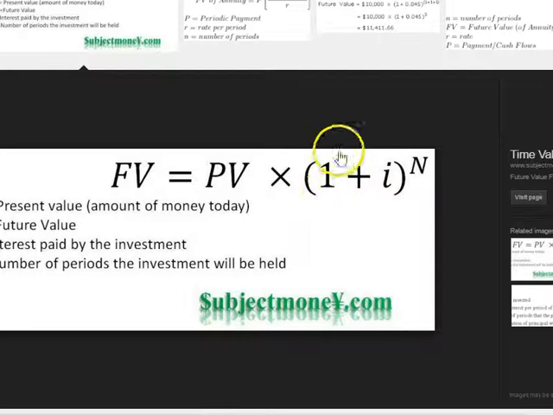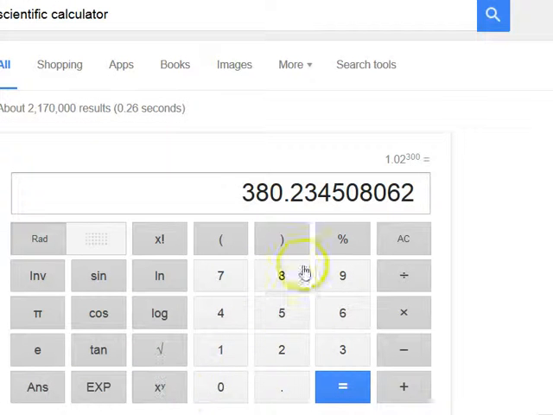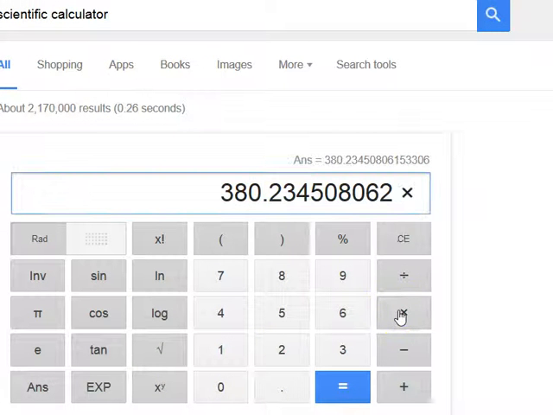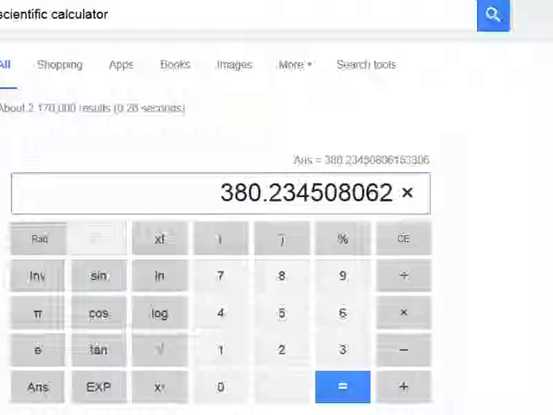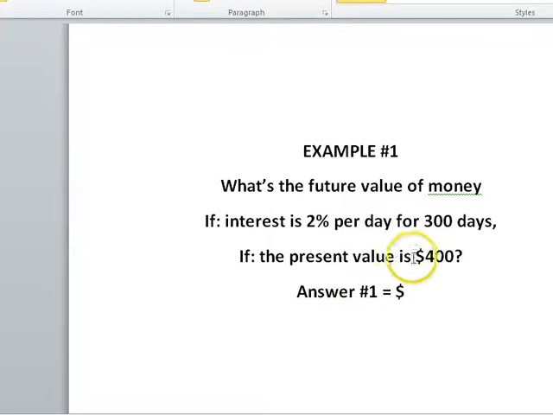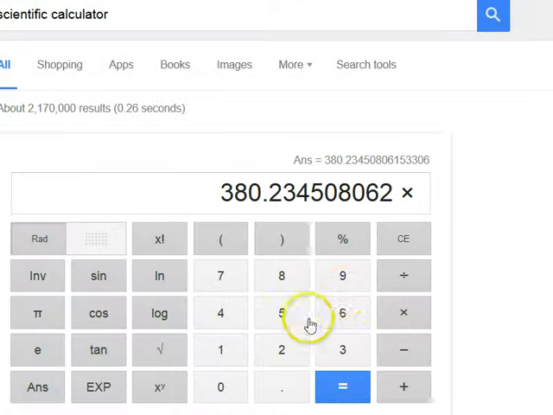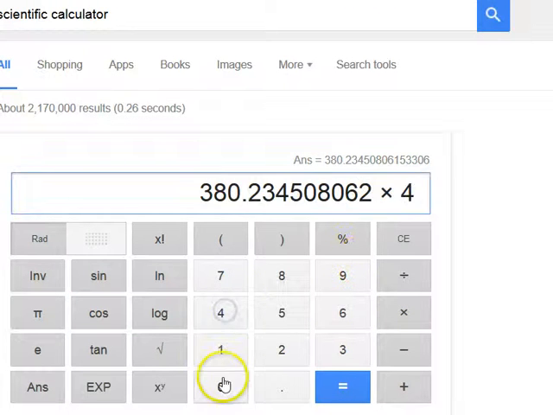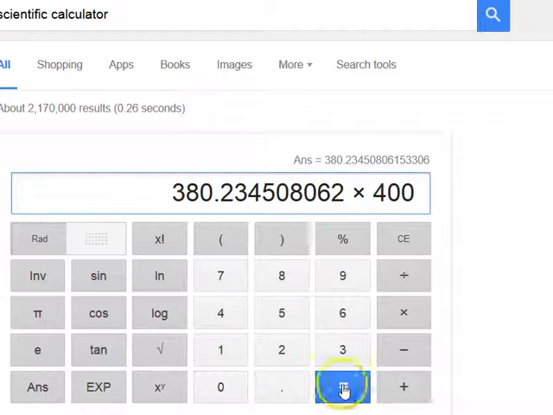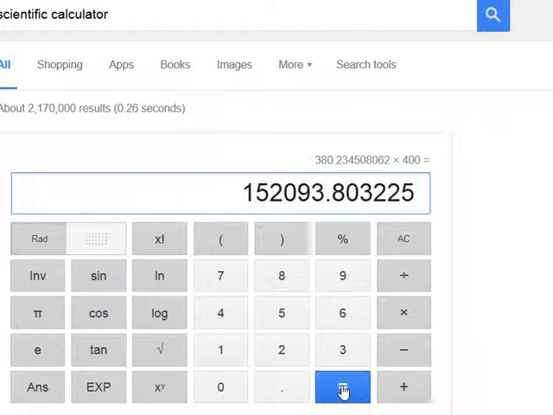Now that we have that number, we will multiply that to the present value. So we'll go back to our calculator, multiply, and let's go to our problem. The present value is 400. So let's plug in 400, and then you click equals. So the answer to the question is $152,093 and some cents.